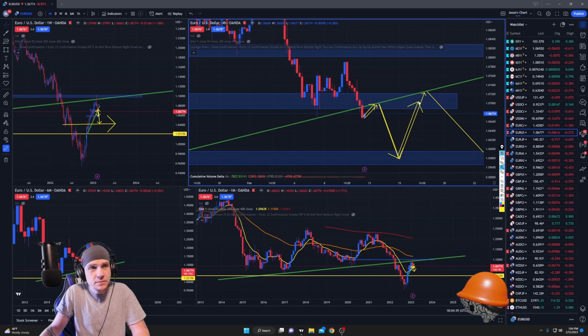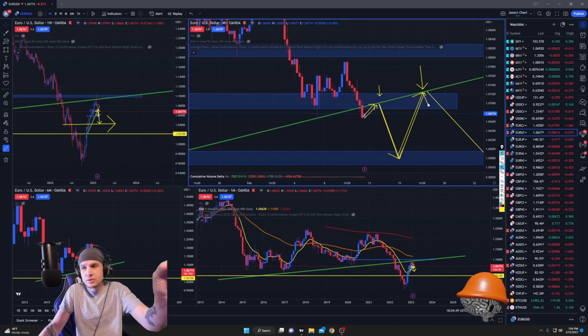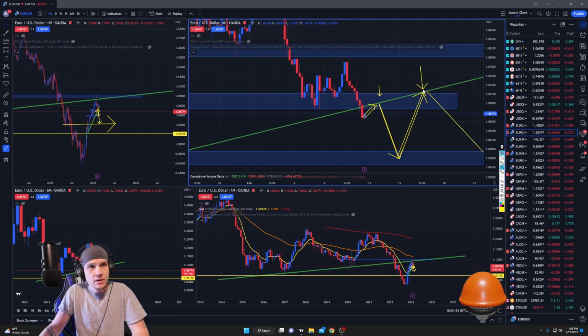Monday night, while I'm sleeping, price comes back up, attempt number 2 of this support trend line, and Tuesday morning, this is where price ends, right here. The news comes out, and it's in the perfect spot to either break to the upside or break to the downside.